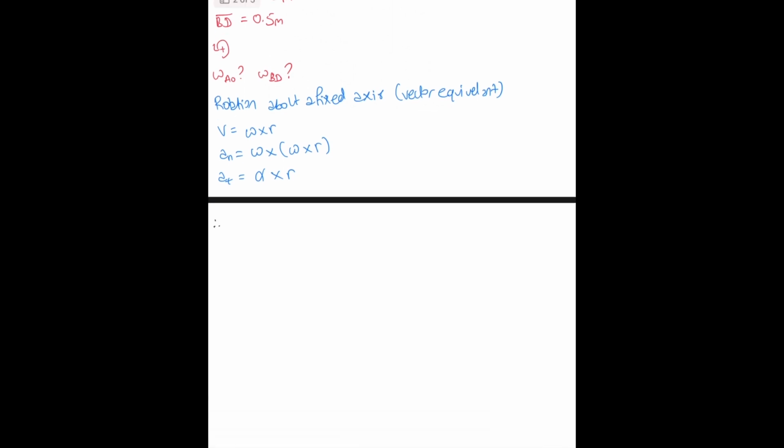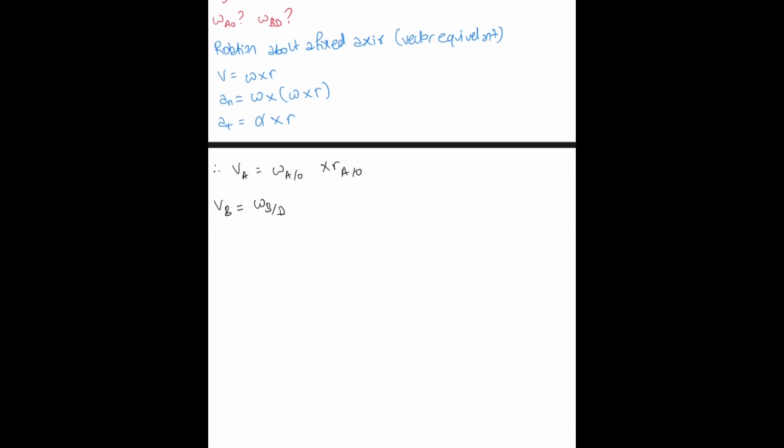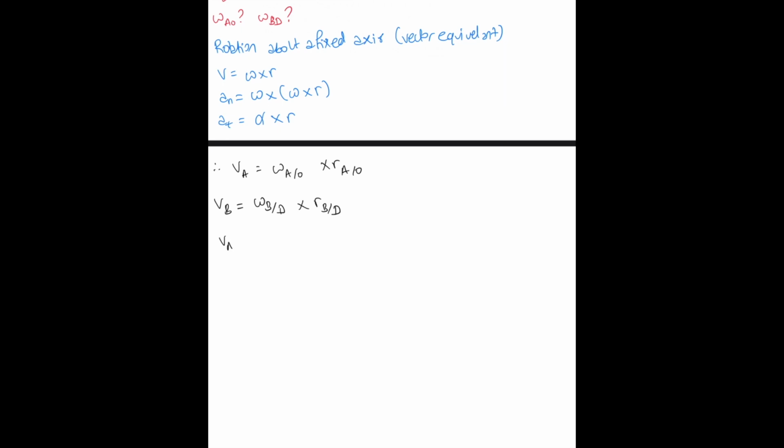So using these relations, we know that our VA is going to be equal to omega A with respect to O crossed by RA with respect to O. VB is going to be similar. It's going to be omega B with respect to D crossed by RB with respect to D, which means that using the relative motion, VA with respect to B is going to be equal to VA minus VB.